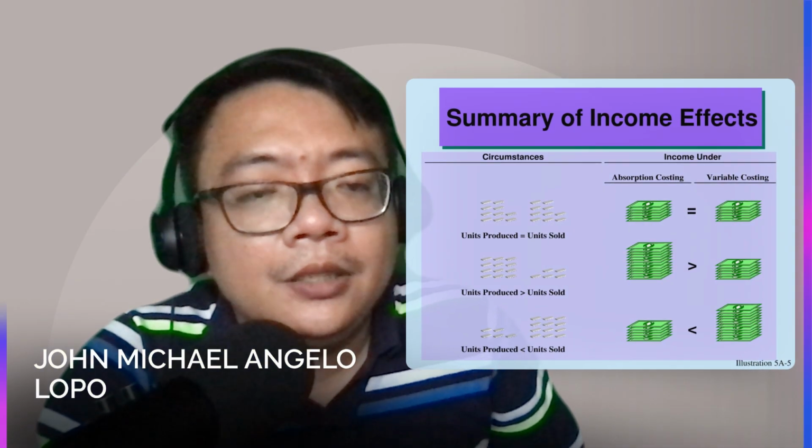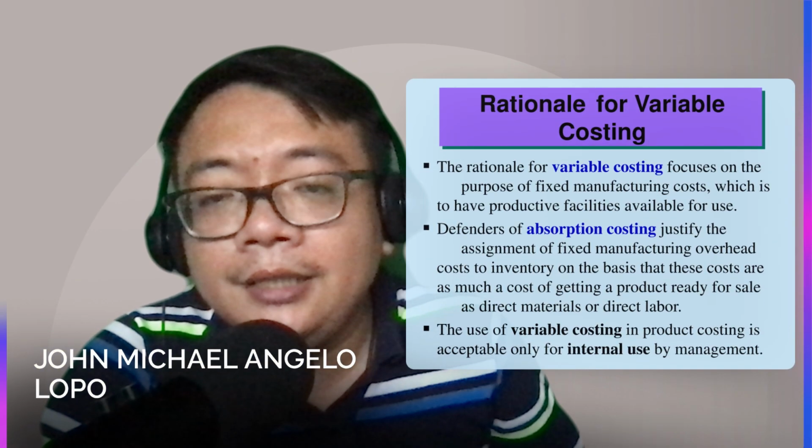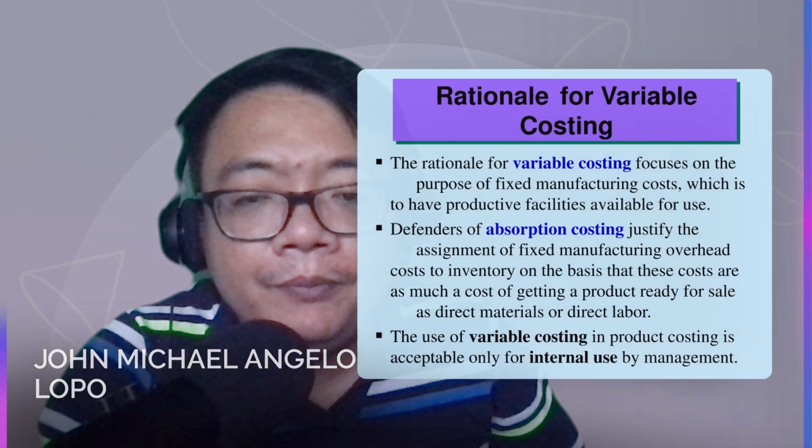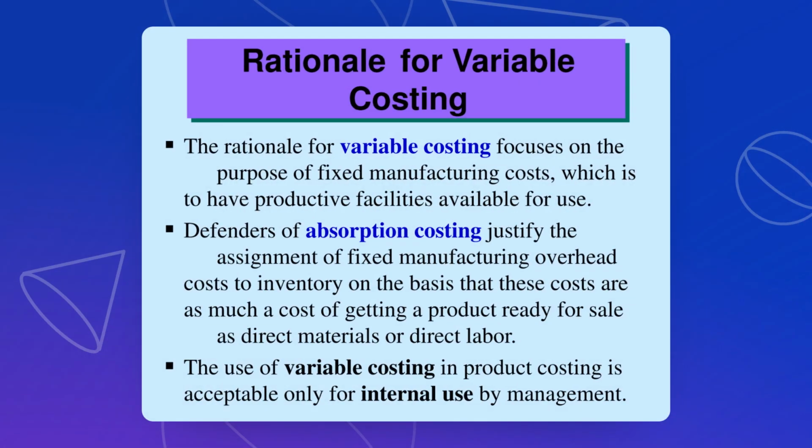Alright. So, last slide, class. What would be the rationale for the variable costing? The rationale about variable costing is that variable costing focuses on the purpose of your fixed manufacturing cost, which is to have productive facilities available for use.